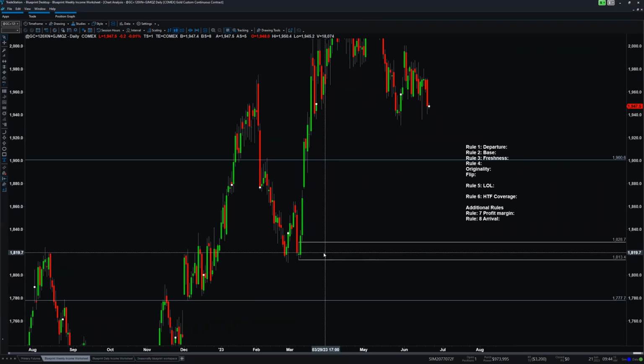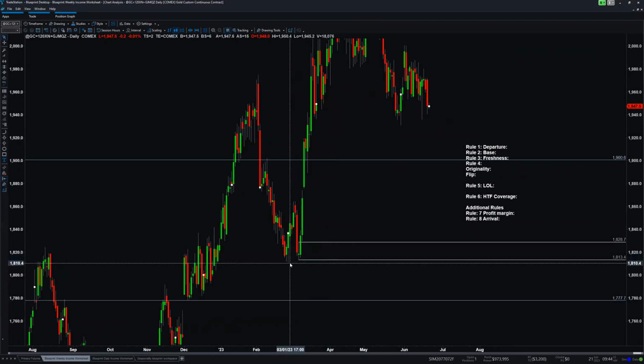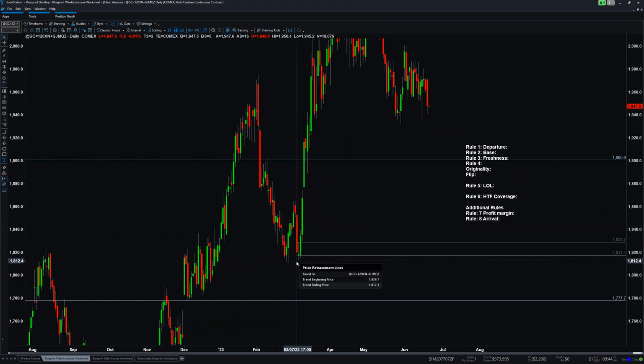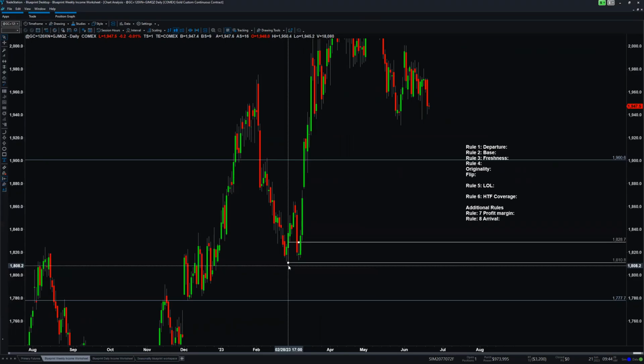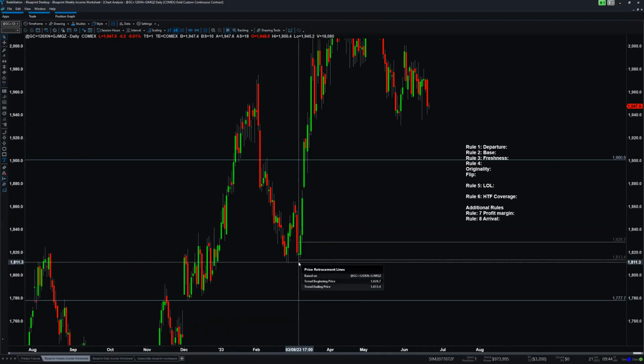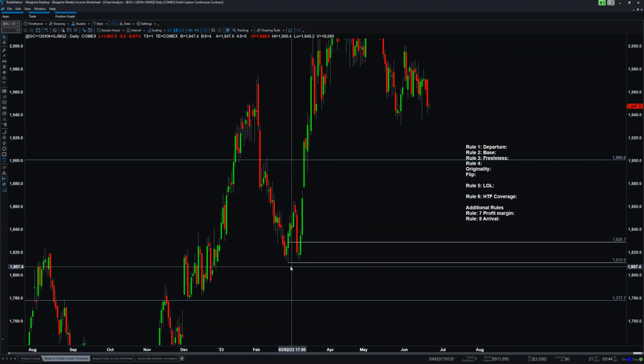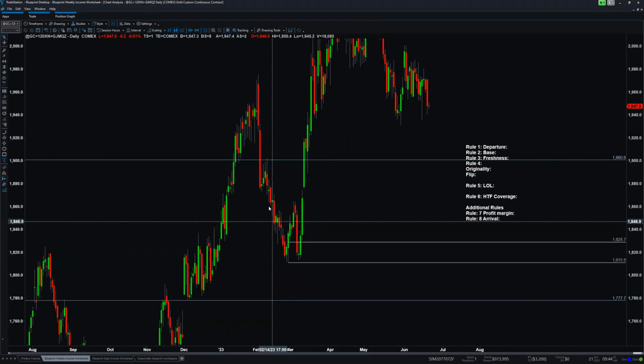And what I'm also going to do in this case, because I have this wick just below here, is I'm just going to put my distal on this wick, right? Because anyways, if I was to set something like that, just giving me additional coverage, I'm just going to put it right at that low of that entire formation.